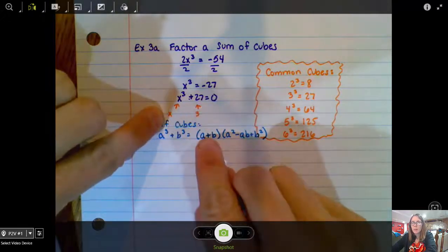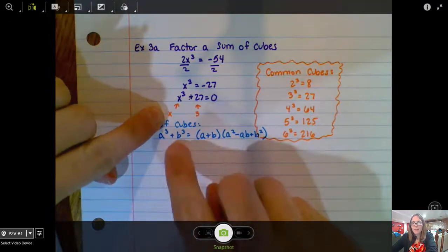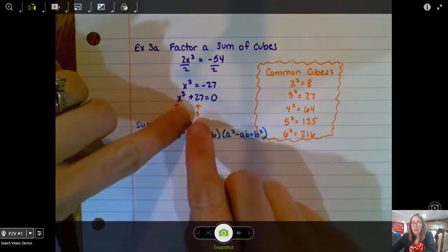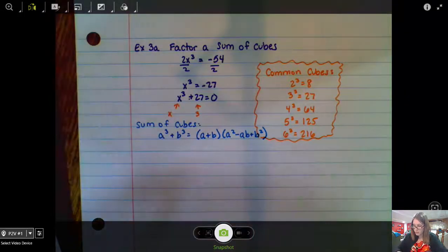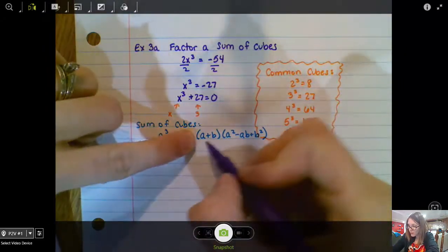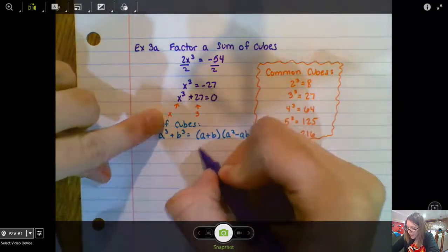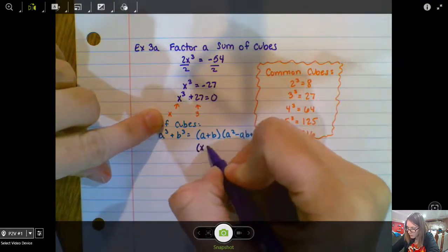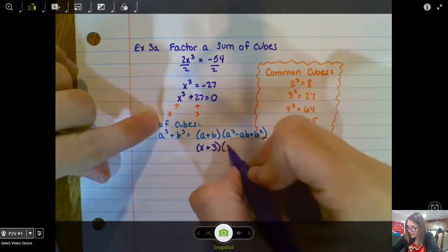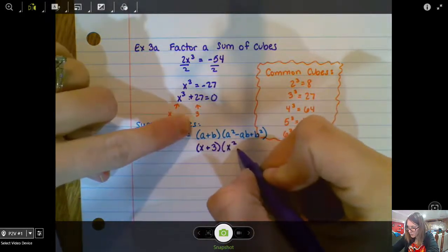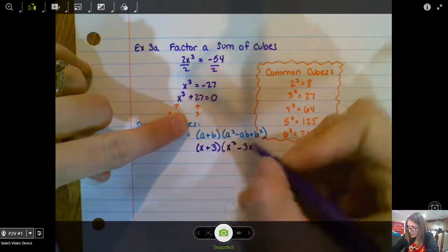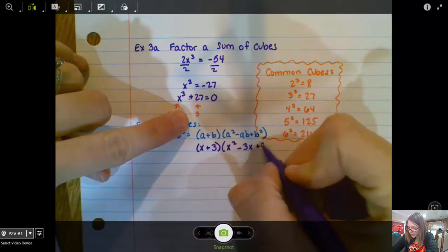So everywhere in our little formula, a is really going to be an x, and b is really a 3. a cubed plus b cubed factors to be a plus b times a squared minus ab, minus 3x, plus b squared, which is 9.